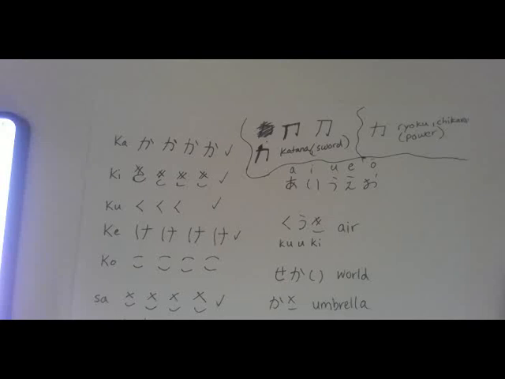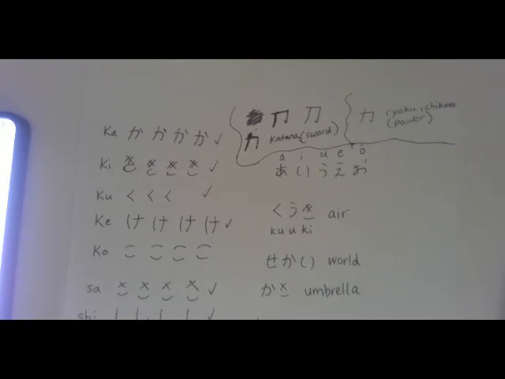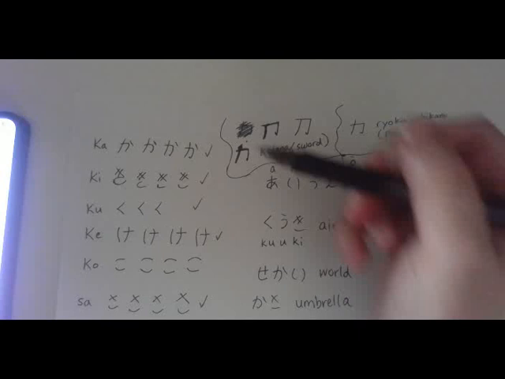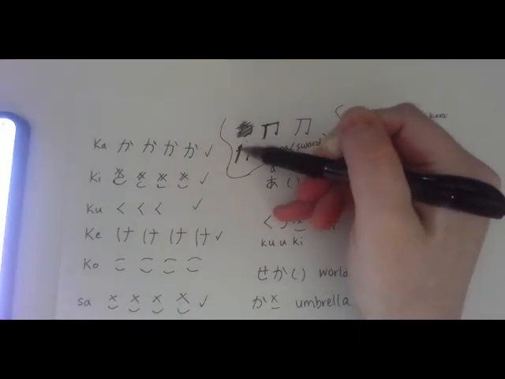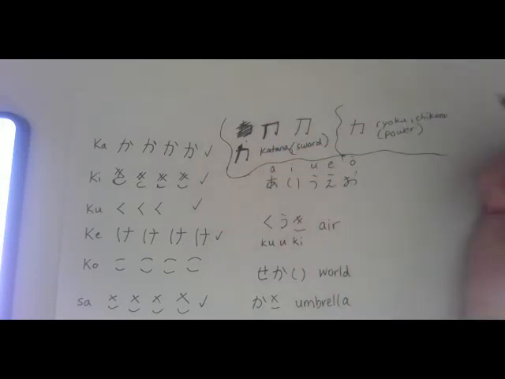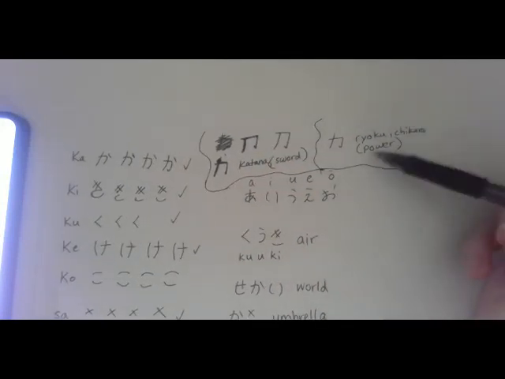So I had the video recorded for this lesson, but I accidentally made a mistake. I was trying to explain the kanji for katana, which means sword. What I did was draw the line over this line, and if you do that, it's actually a different kanji.